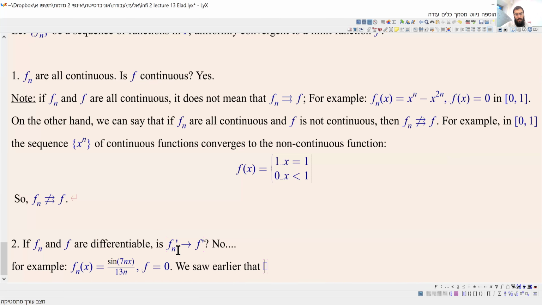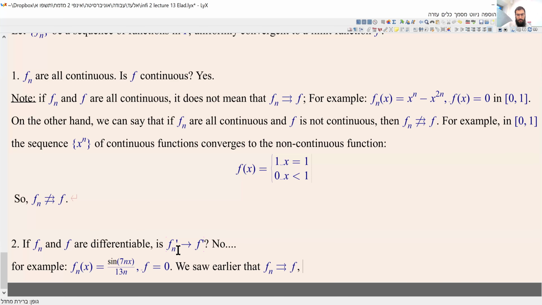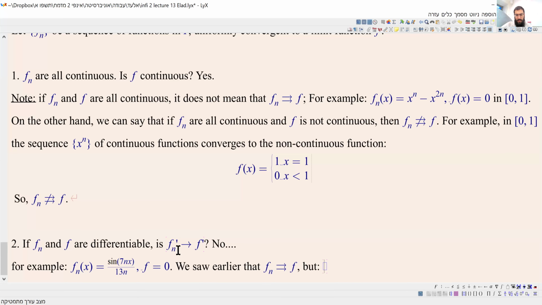But when I differentiate, the variable is x.